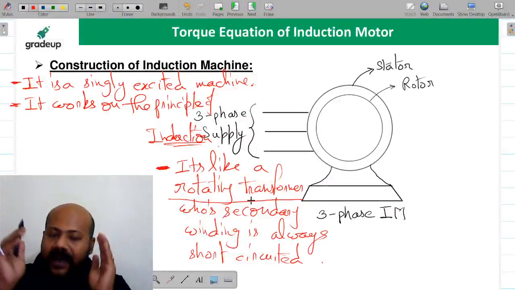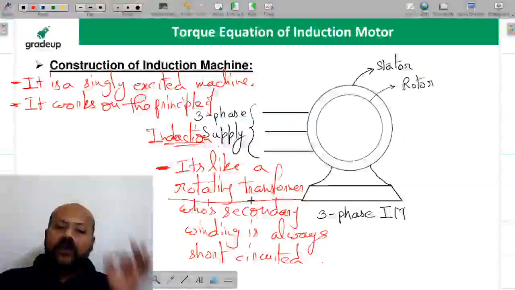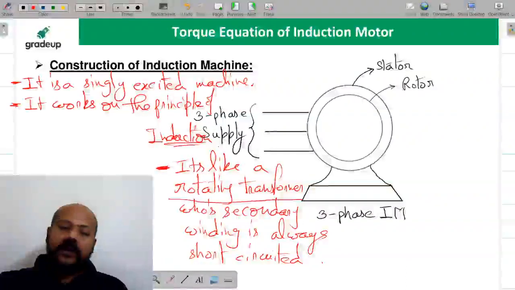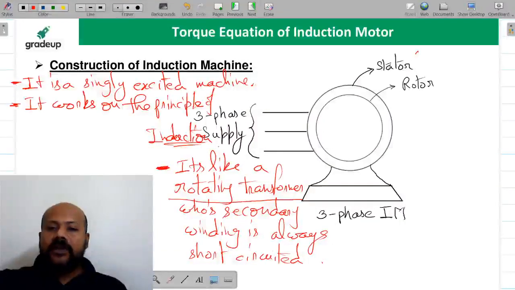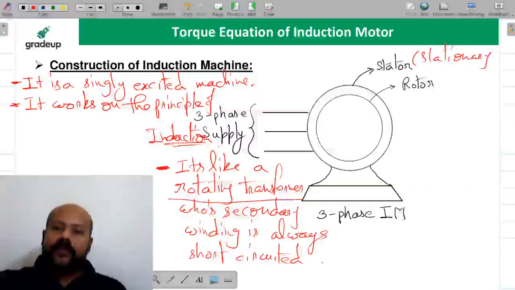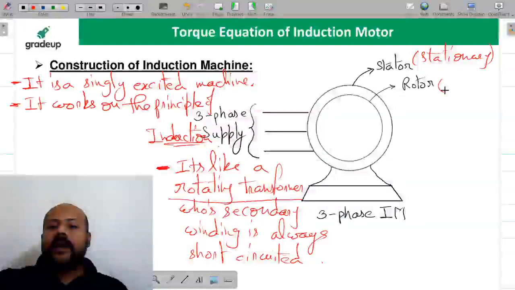Now see, like any machine, your induction machine is also going to have two important parts. Number one, stator, and number two, rotor. If you see, stator is nothing but the stationary part. Good evening, Bhargav. And rotor is the rotating part.